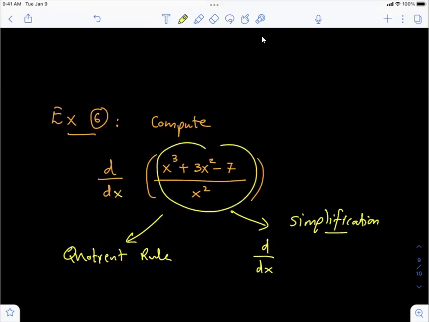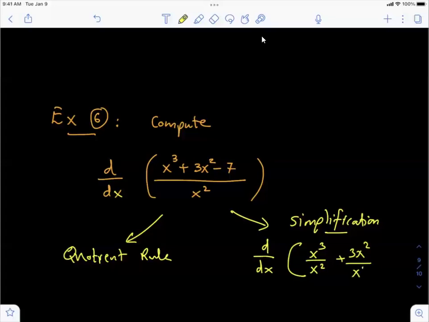Just having a simple denominator, where you can simplify things by separating the denominators, is golden in this case. So if you separate x cubed divided by x squared, 3x squared divided by x squared, minus 7 divided by x squared.